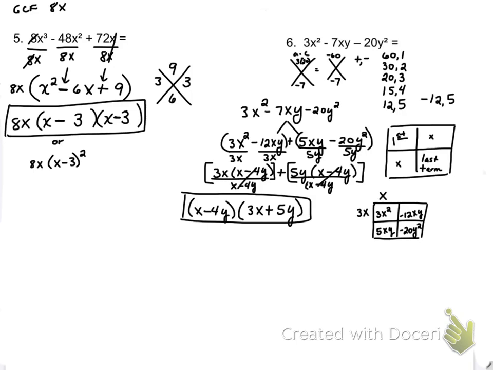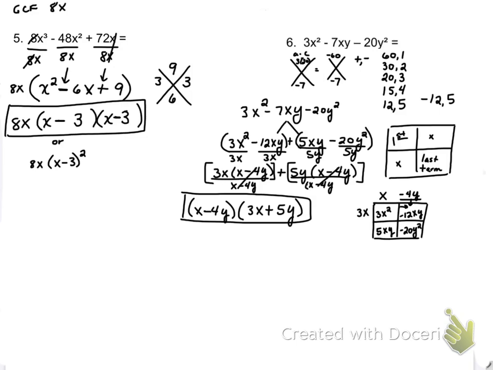Now, I need to put a number here. Okay, and I'm going to multiply that number by the number on the outside on the left, which is 3x, to get the negative 12xy. Well, that would be negative 4y. And those numbers multiply there and there to fill in this box.